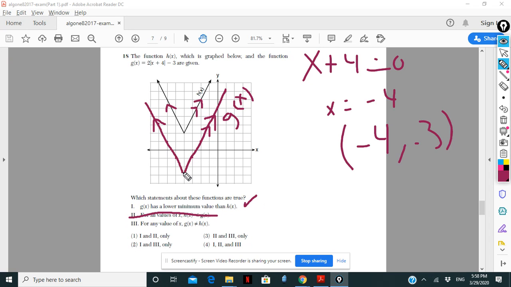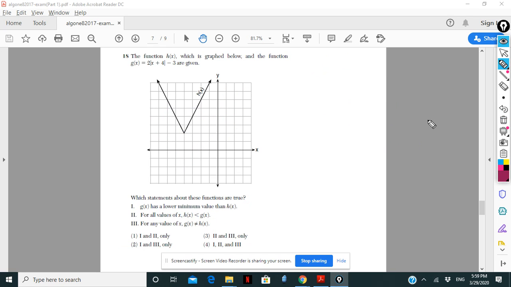Like we say, here is the vertex, lower than the vertex there. And for any value, g(x) is not equal. So 1 and 3 are correct, which means I'm picking number 2.